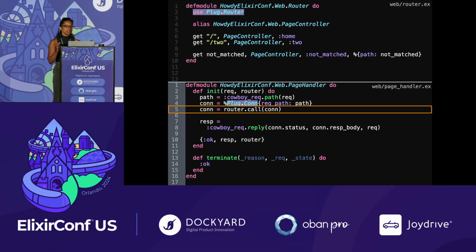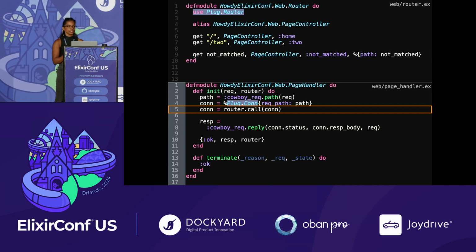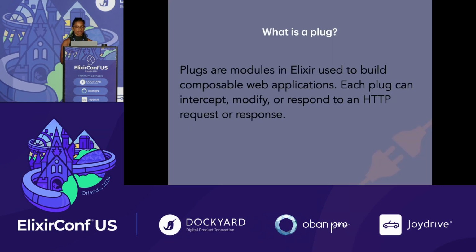You'll see on the bottom, in the page handler piece, I have that connection that I can then update a path, and then I can call a router with that particular con. So it's really nice. I don't have to directly write the raw request every single time or remember what happened in a previous state. There's also a way for me to create a pattern that's reusable across my code.